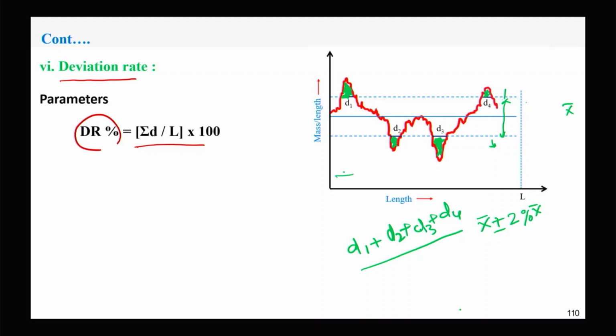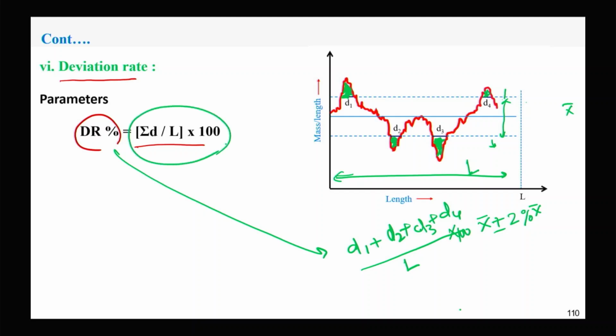if we divide by the total test length L, if we measure in terms of percentage, that gives the value DR%. So as we have discussed, higher diameter corresponds to higher mass per unit length.